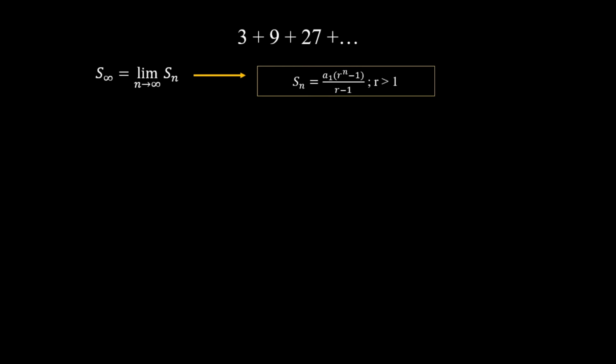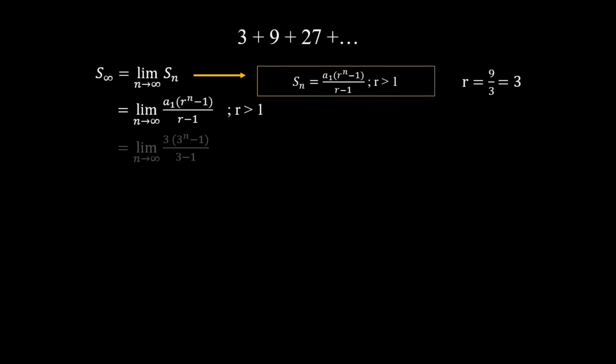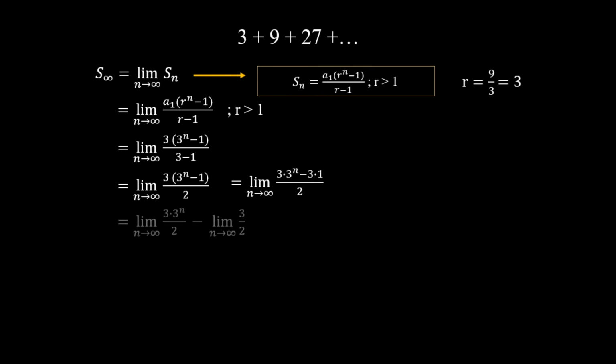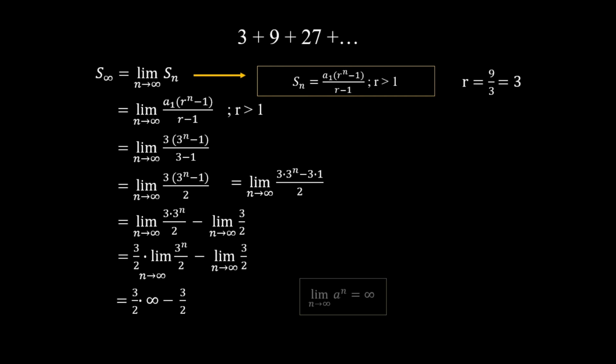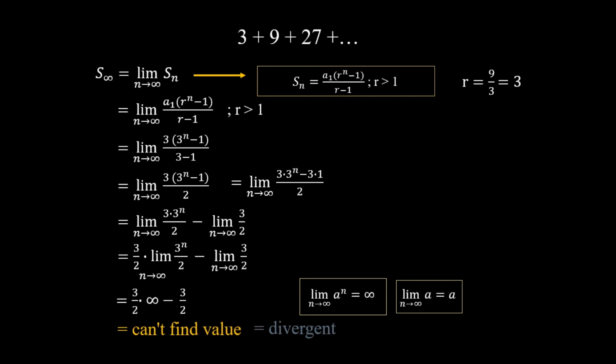Now you get 3/2 times the limit of 3 to the n over 2 as n approaches infinity minus the limit of 3/2 as n approaches infinity. So you get infinity in the equation, which is 3/2 times infinity. So it's going to be infinity as always. So for this one, you can't find the value and it is a divergent series.